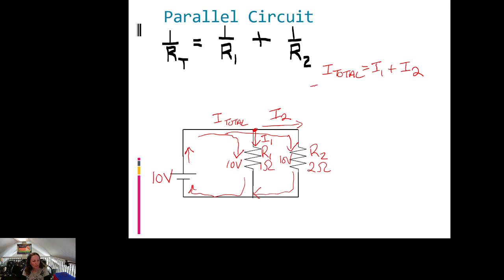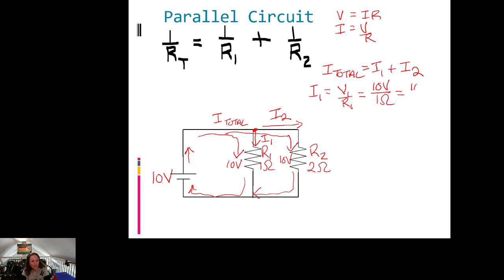What do we have? Current 1. What do we know that is? If we know V equals IR, then I will equal V per R. So I1 is going to be V1 per R1. And what do we have there? Well, we've got 10 volts all over 1 ohm.